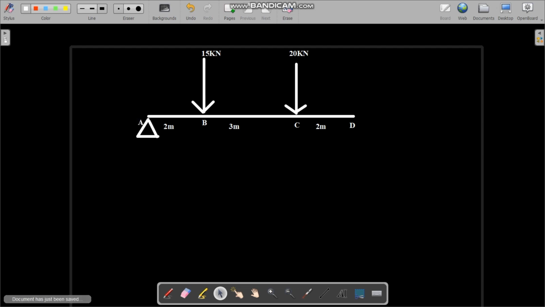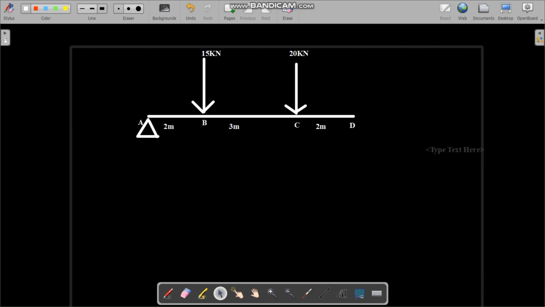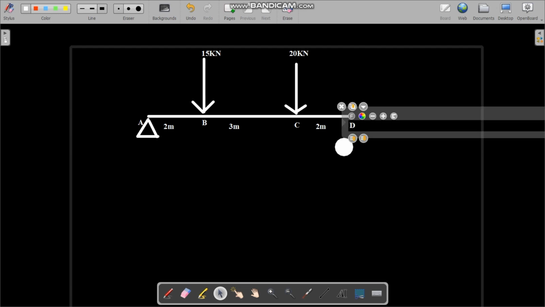Then we move towards drawing the roller support, and we draw the roller support at point D. We just draw a dot here, expand its size and put it at point D, because it's a roller support and its shape is round.